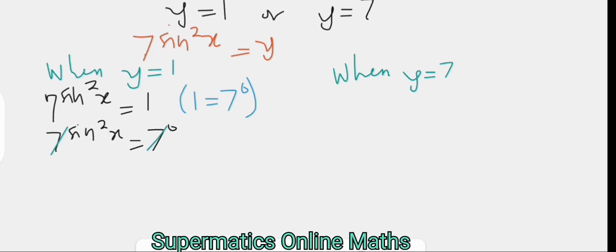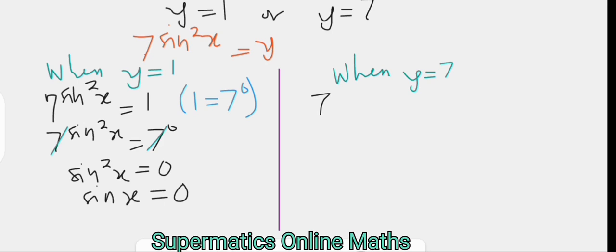Equating the exponent gives sine square x equals 0, and taking the square root gives sine x to be 0. Now we also consider when y is 7 to know what sine x is going to be. 7 to the power of sine square x is going to be 7, and 7 can be written as 7 to the power 1.